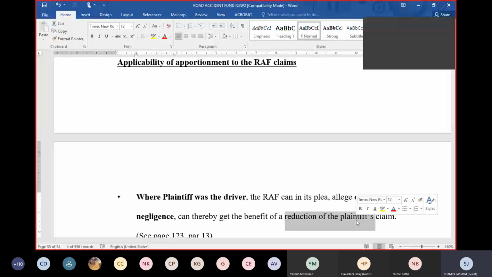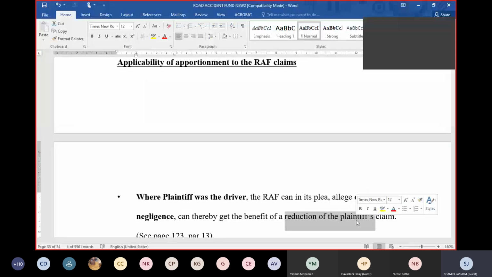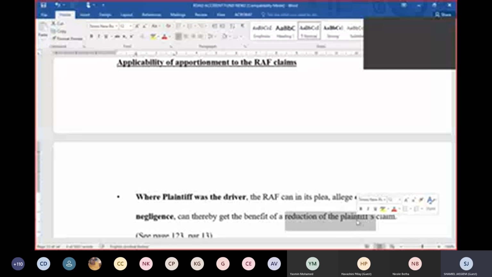Okay, let's take it a step further. I'm driving with a passenger in my motor vehicle, and the passenger is accompanied by her minor child.